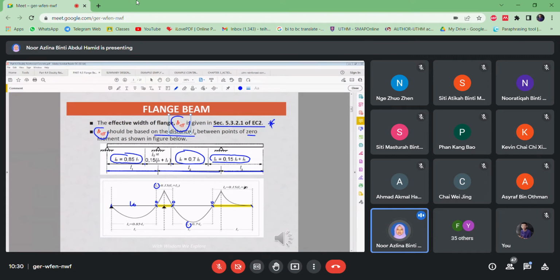Okay, so kalau macam ni, mana satu ni ada brackets, right? Okay, so please refer to these sections. Okay, which one is the correct one? Is it 0.15 L2 plus L3 or have a bracket here? Can you understand me?